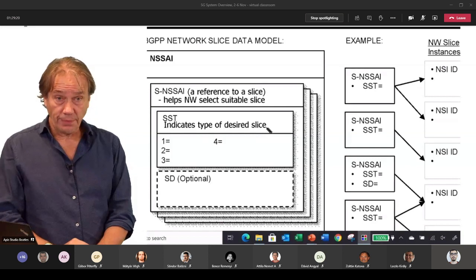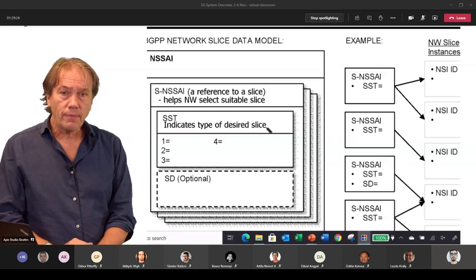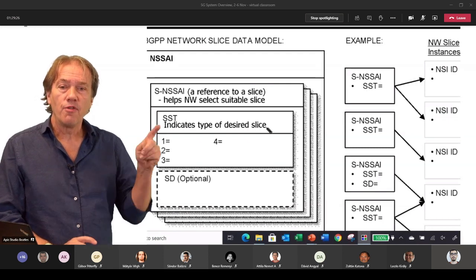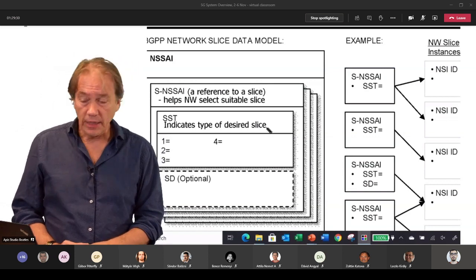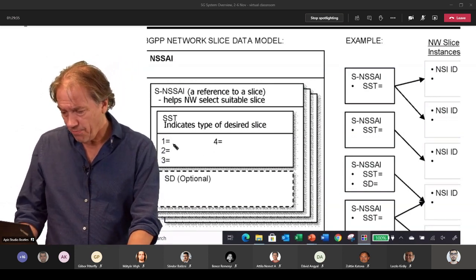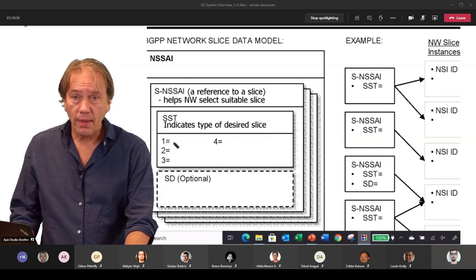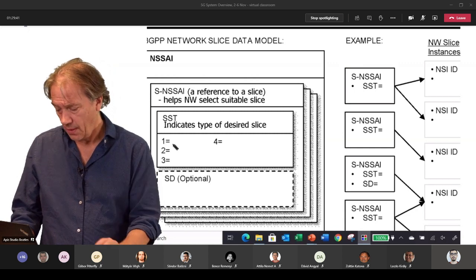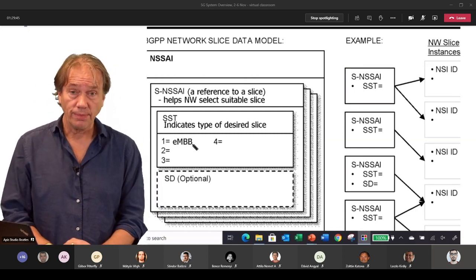And last time I checked, there were 4 standardized values of SST. SST value 1 is for an eMBB type of slice.